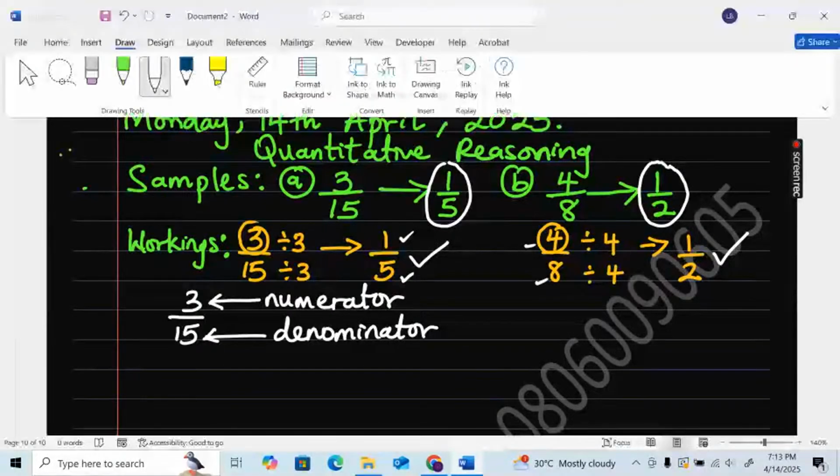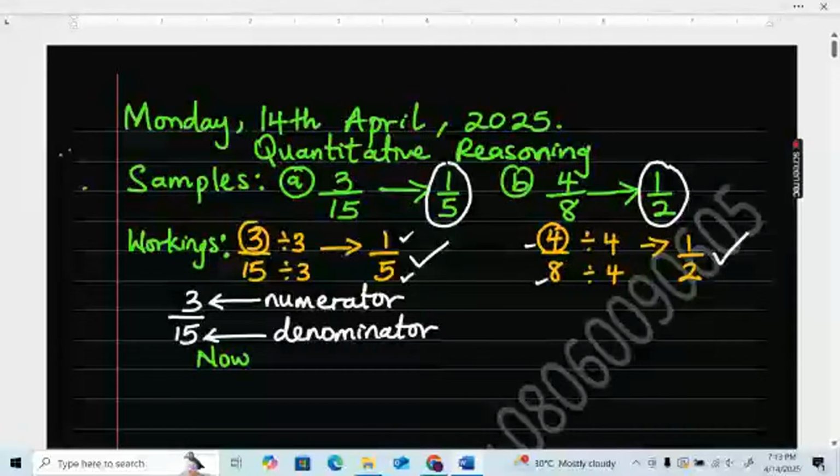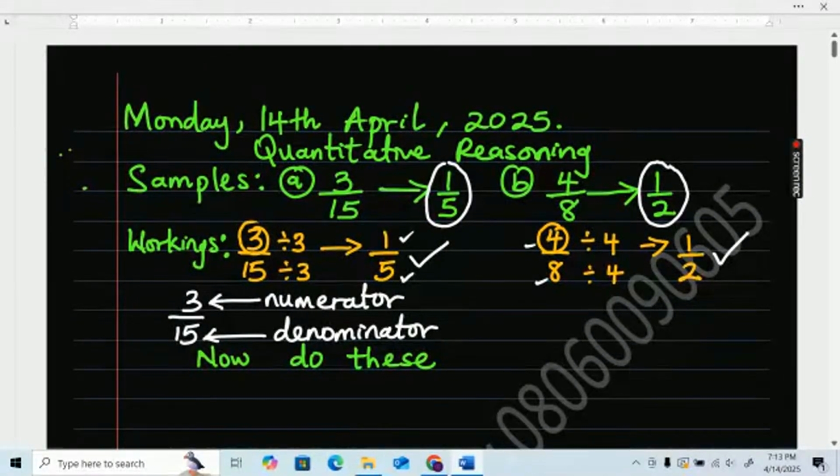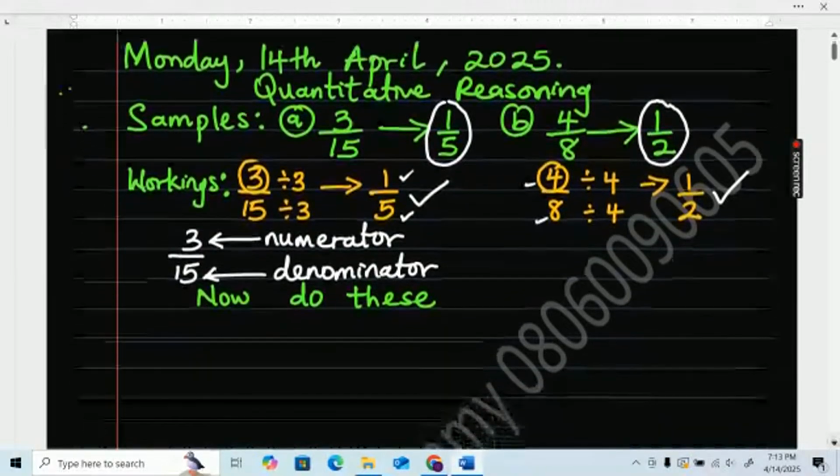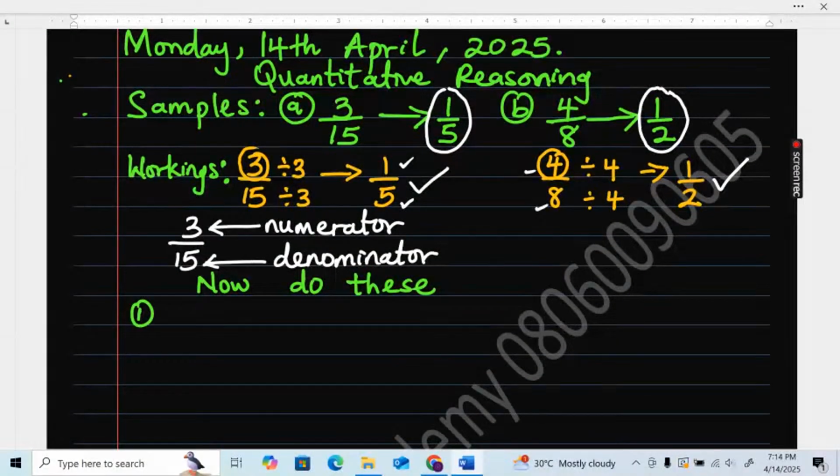Awesome. Now let us solve some questions. Everybody write what is on my screen. Now do these. So let's start with the first one. 2 over 4.